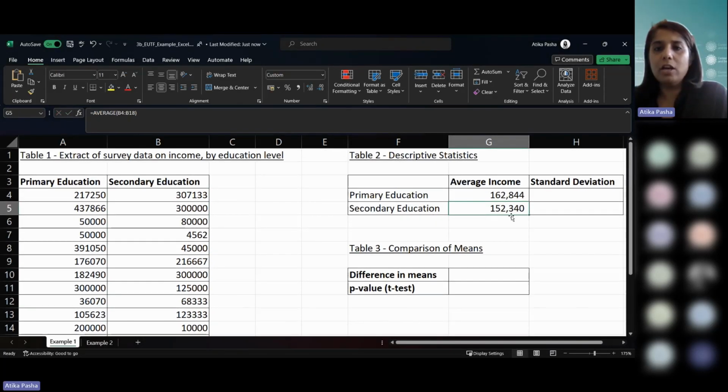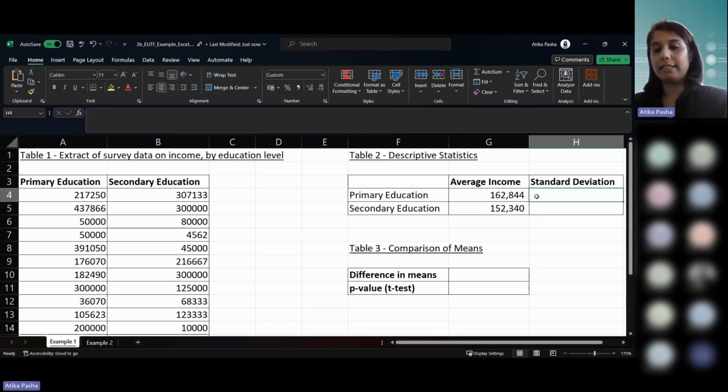After clicking OK, you see that the individuals who have completed primary education have an average income of 162,844 units, and I believe this data is actually from Uganda, so shillings. And for secondary education, actually, you have a lower average income of 152,340 Ugandan shillings.